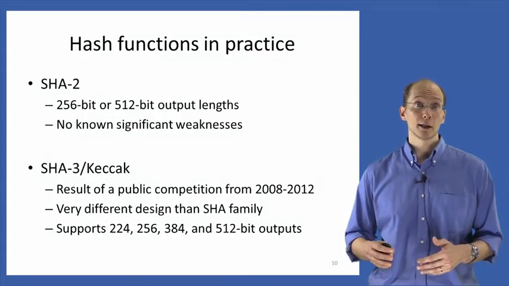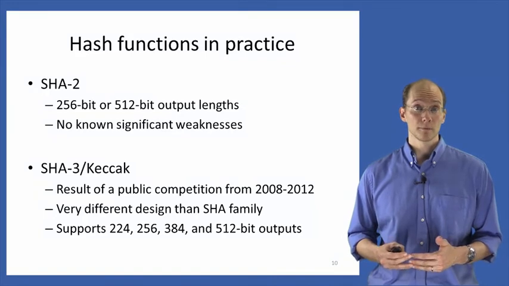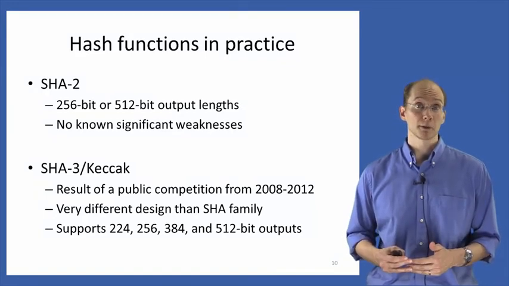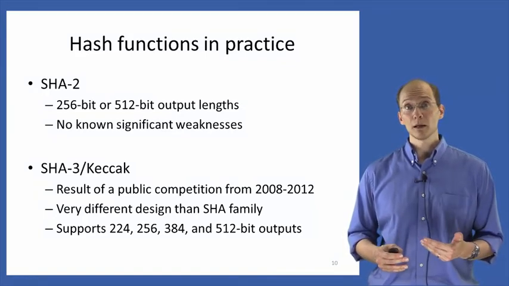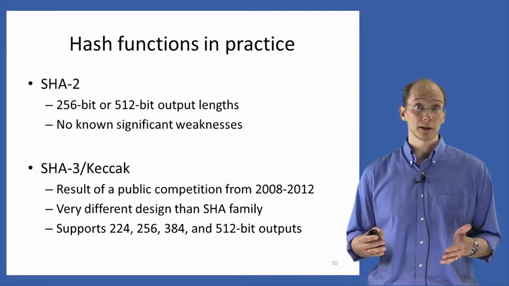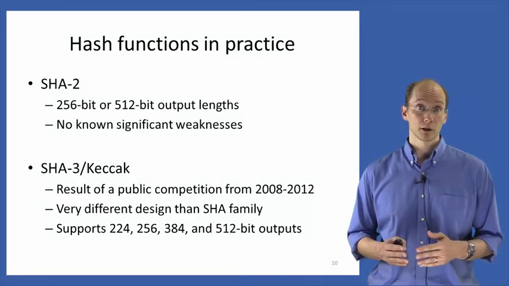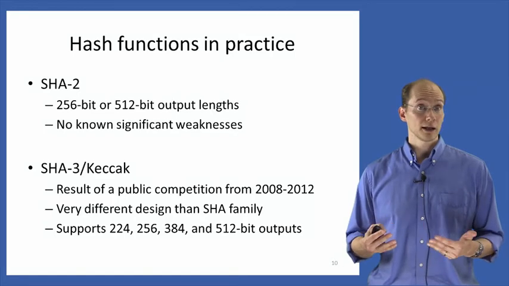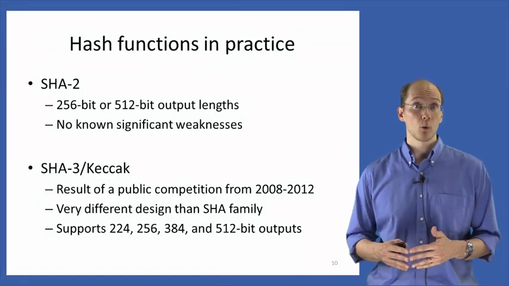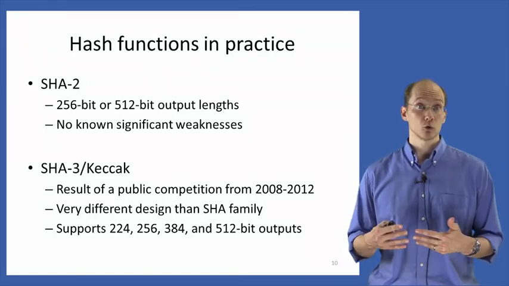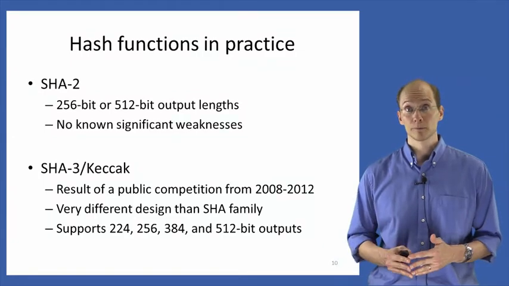SHA-2 is in the same design family as SHA-1, and it's also a hash function that's been standardized. And it's available in either 256-bit or 512-bit output lengths. So these already are offering more security than SHA-1 if you assume that they're giving you collision resistance up to the optimal bound.